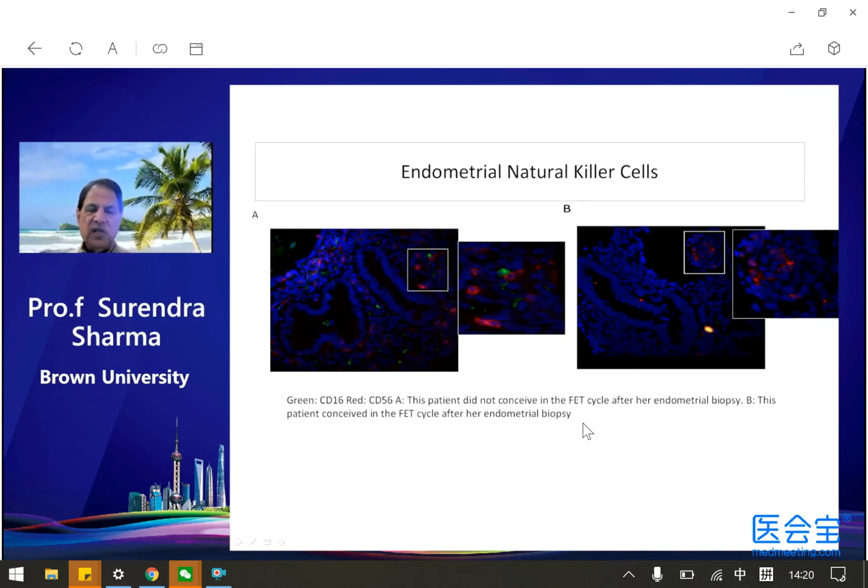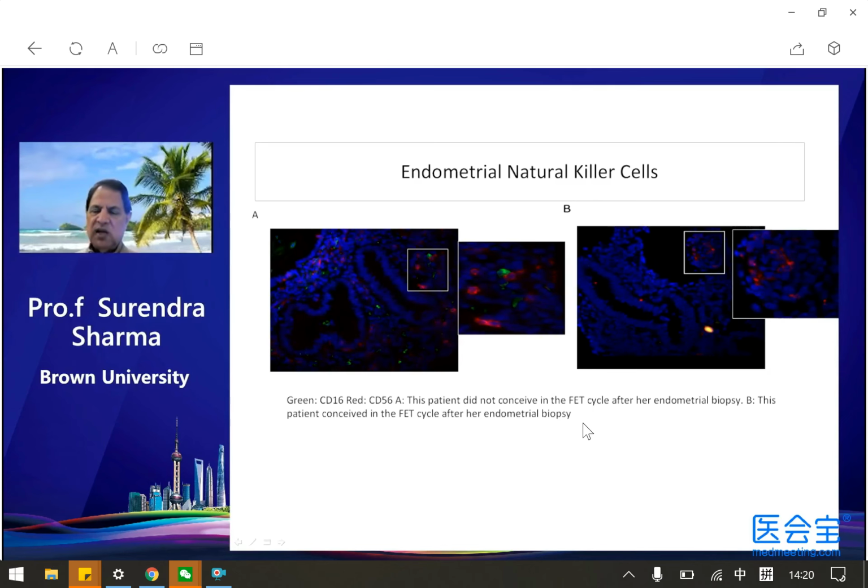You can see the endometrial tissue from a non-pregnant woman does contain a higher content of green signal, the CD16 positive cells, whereas on the right-hand side is the endometrial tissue from a woman who went on to conceive, and you can see that we don't really have green signal in this tissue.